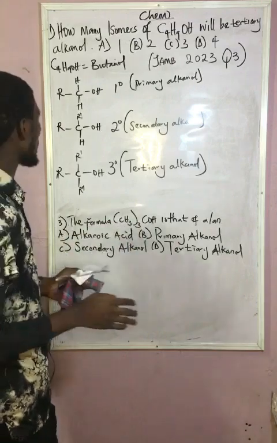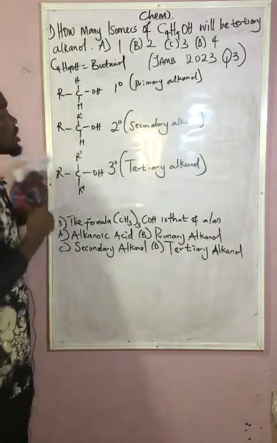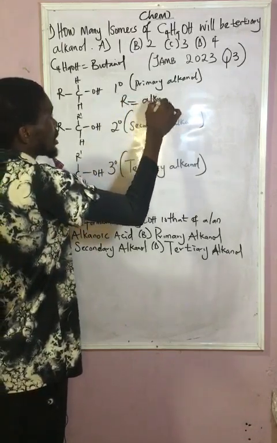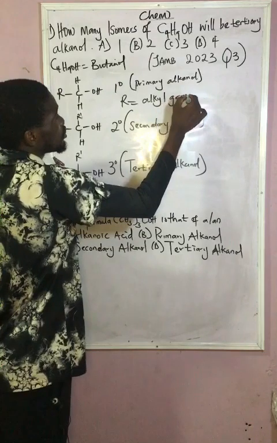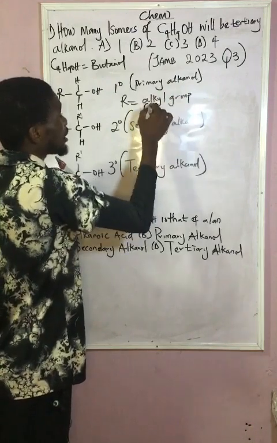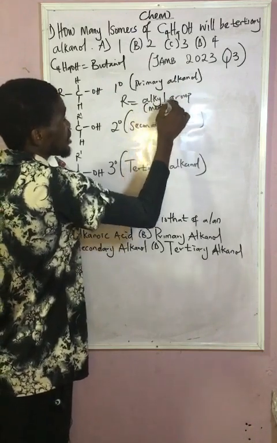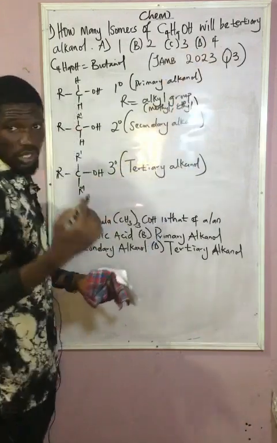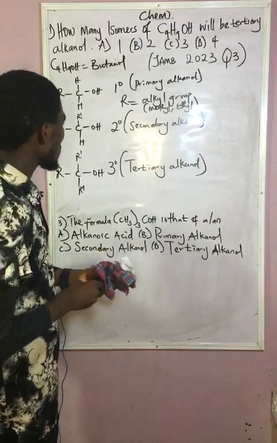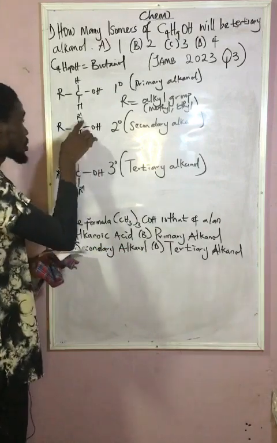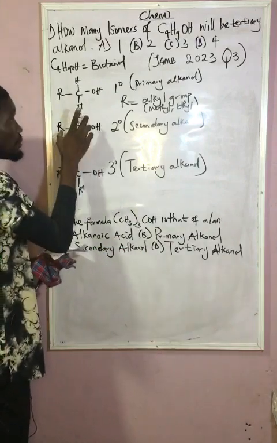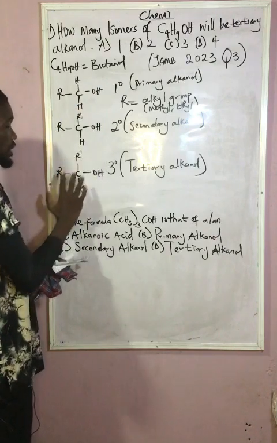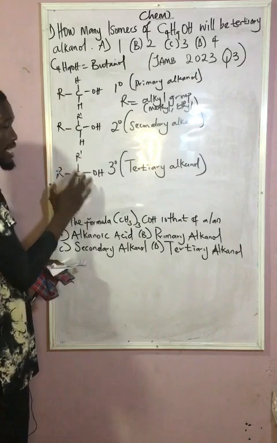As you can see, this arrow here is an alkyl group, where we can have our methyl, ethyl, propyl, butyl, like that. So guys, the arrow here shows I have 2 alkyl groups attached to this. We have 3 here, 3 alkyl groups attached to this.